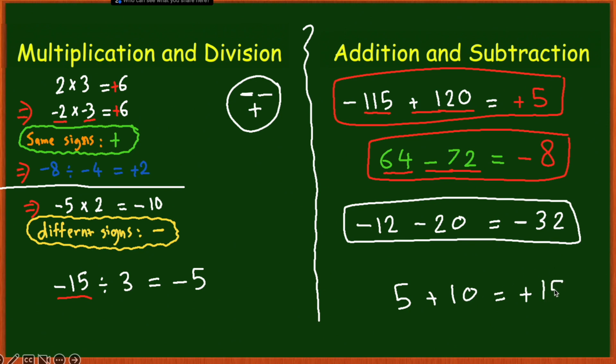Normally it's 15. You don't have to think about it in terms of rules, of course, but this is just a reminder of why these rules do make sense. And of course, this is just a quick revision of the rules. If you need to understand why exactly we do this and how it makes sense, you need to watch the full explanation for negative and positive multiplication, division, addition, and subtraction.